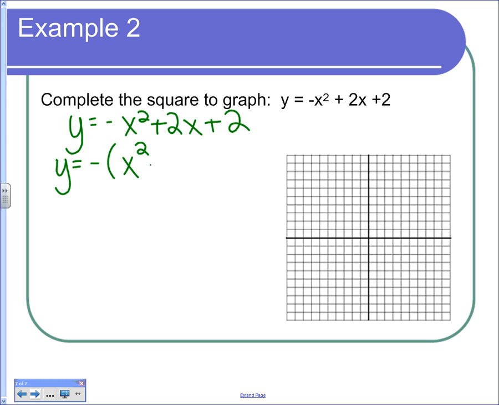Why is it going to be minus 2x? If you take out a negative from a positive, it becomes the negative. Is it minus or plus 2 here? Are we taking out the negative from that too? No. We're just taking it out from the x squared and the 2x.